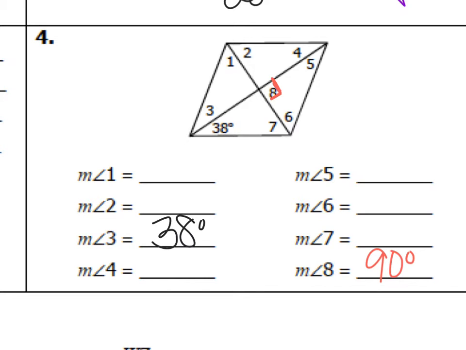So angle 3 is going to be 38, angle 5 is going to be 38, angle 4 is going to be 38.